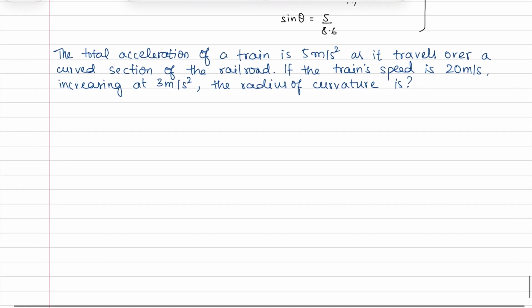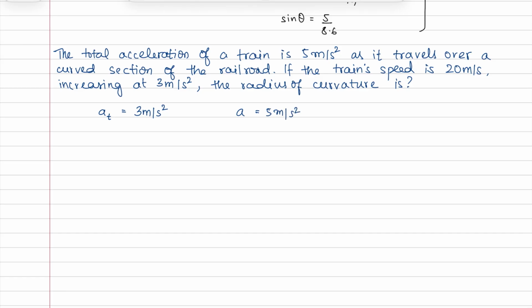Okay, so again, let's write down what we have. Essentially, since the speed is increasing at 3 meters per second, that means that the tangential acceleration is 3 meters per second square. We have that the net acceleration, that is A, is given as 5 meters per second square.